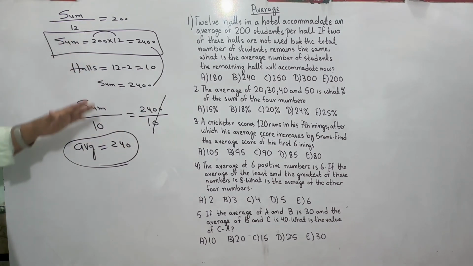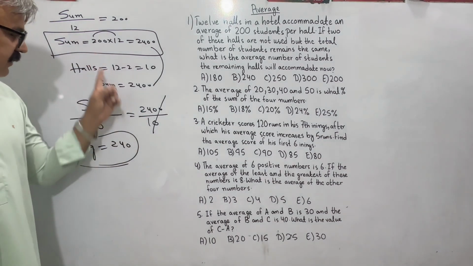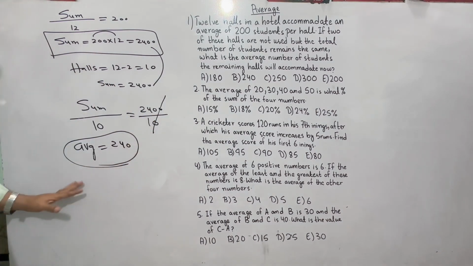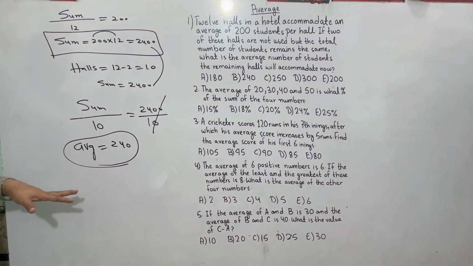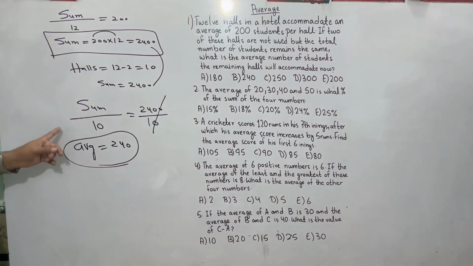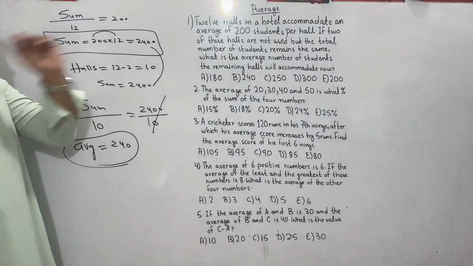Now the number of halls has been decreased from 12 to 10. Zeros cancel out, the new average is 240. Each hall accommodates 240 students. If you multiply 240 by 10, it is 2400, the same number of students.